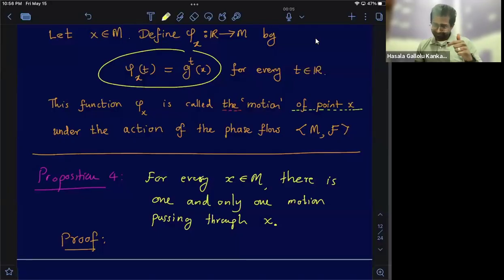Now, in this case, this particular map f phi x is going to be unique, right? That is what this proposition says. Now think why. It need not be a complicated proof if you go ahead and just check through exactly what we've been doing.